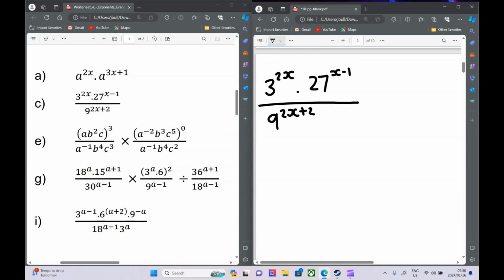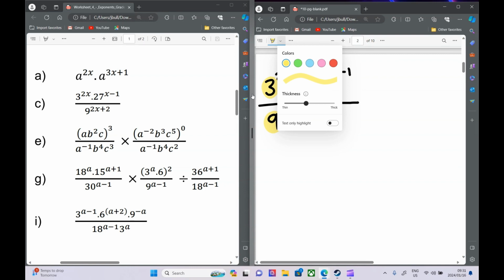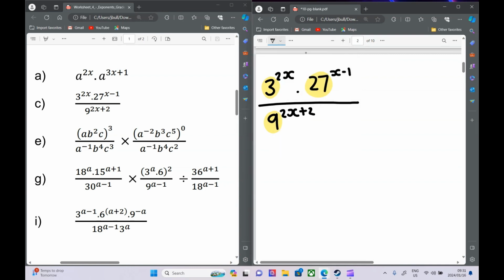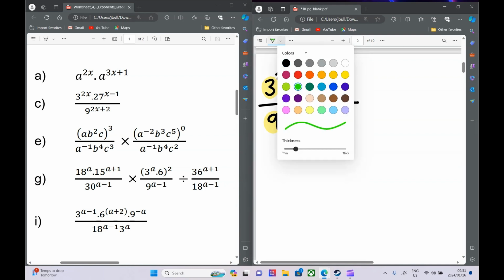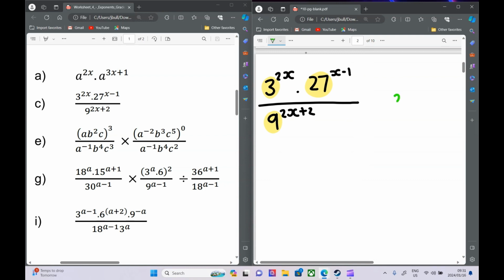If I see numbers like this, so here I've got a 3, I have a 27, I have a 9. These are all numbers which we can break down and make them 3 to the power of something. For example, if we just look at 27 quick, we could say that's the same as 3 to the power of 3.